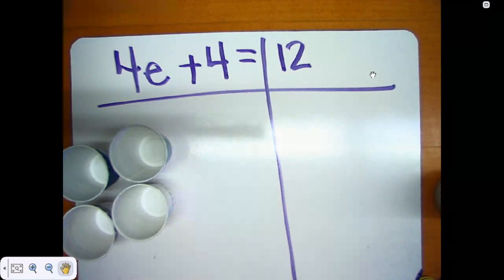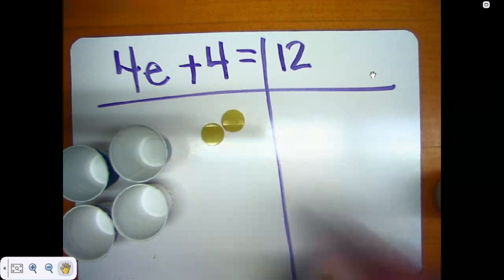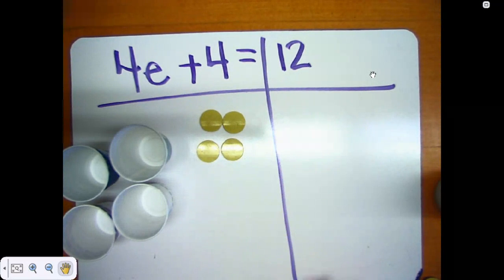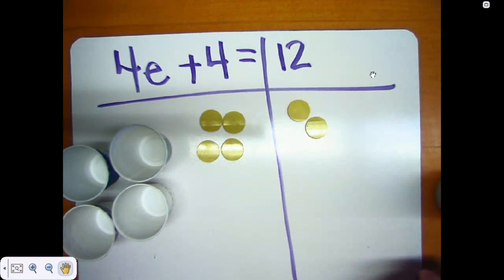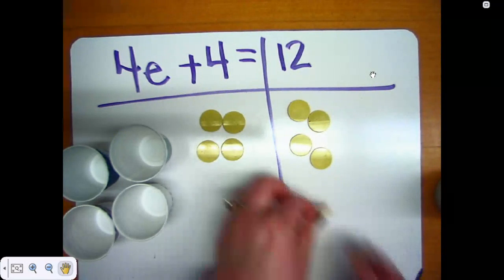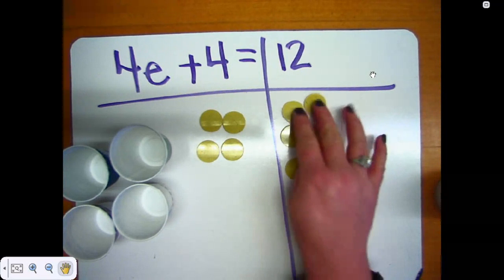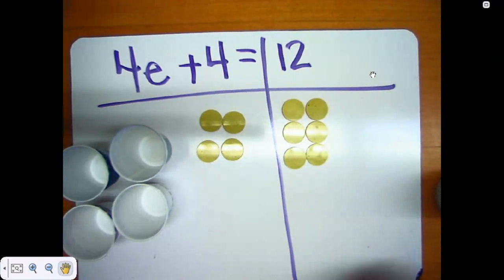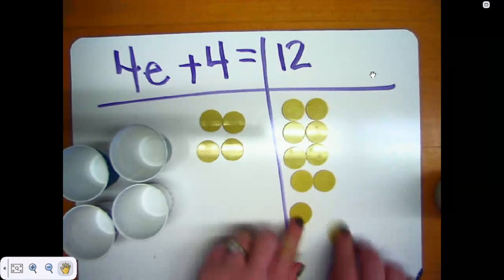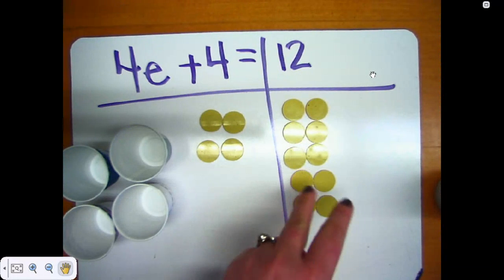I have a positive 4. And I have a positive 12. And it's easier to work with if you line them up and you don't just put a pile over here because it can get confusing counting them if they're not lined up.